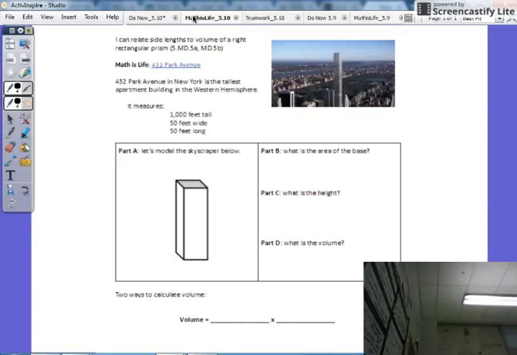Okay, objective. Objective is I can relate side lengths to volume of a right rectangular prism, 5MD5A. Math is Life, 432 Park Avenue.